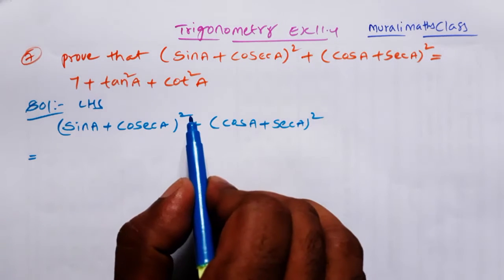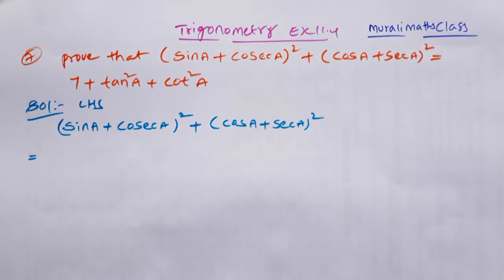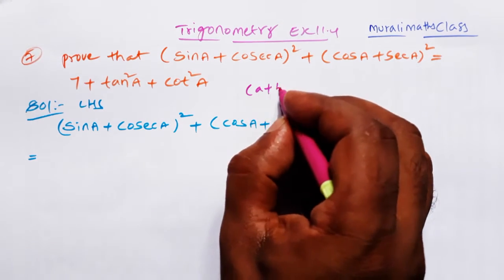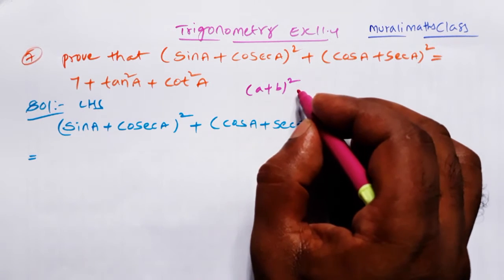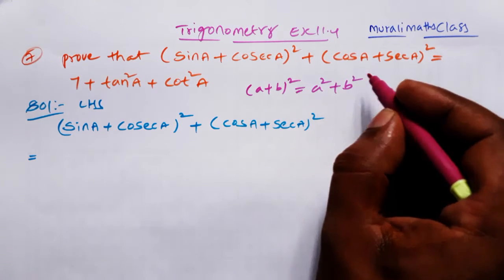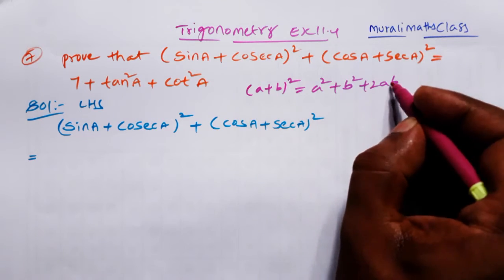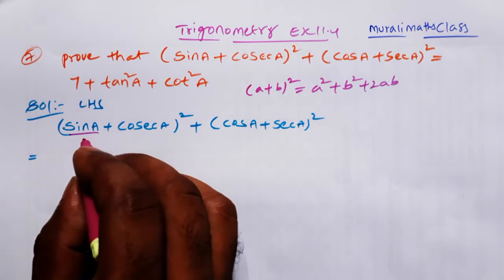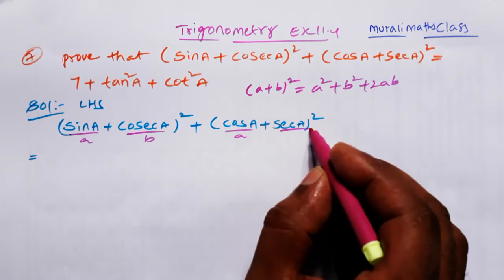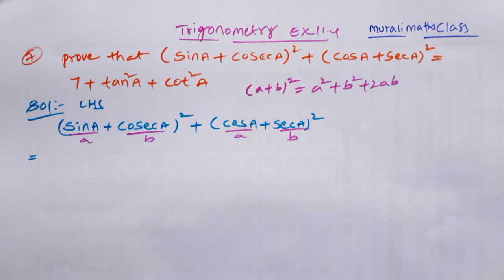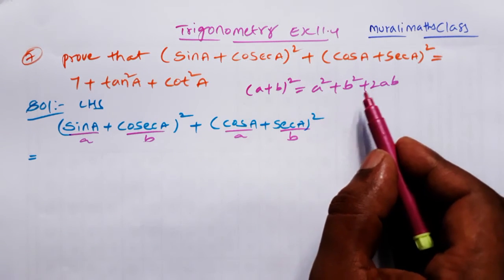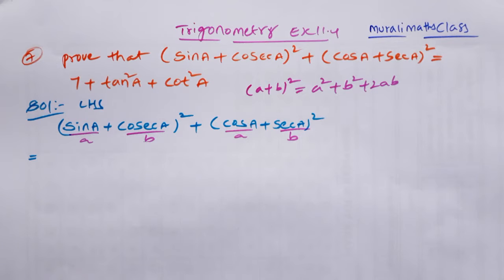The (A plus B) whole square formula we have to use. So what is the (A plus B) whole square formula? It is A square plus B square plus 2AB. So here this is A, here it is B. So that answer you have to write.